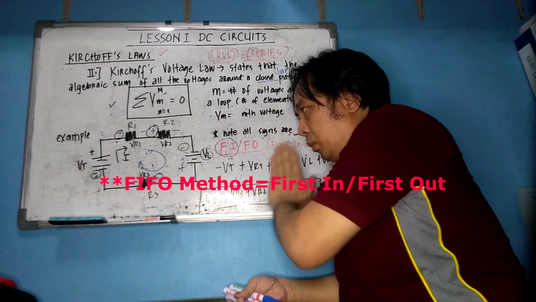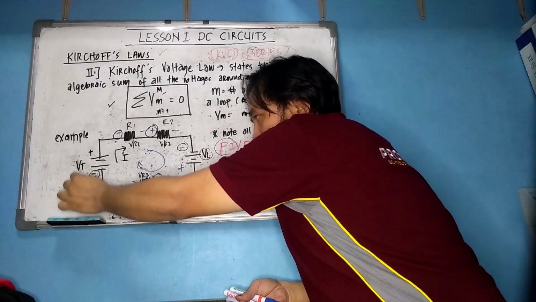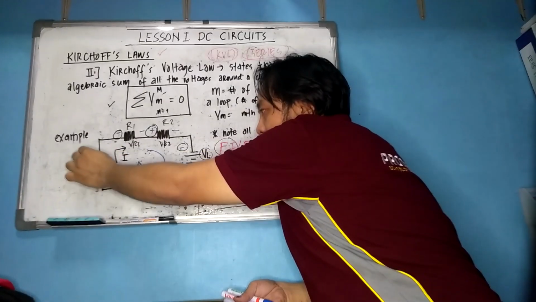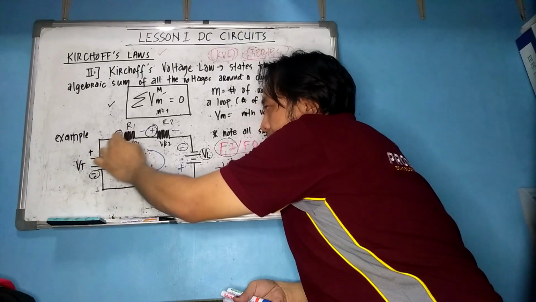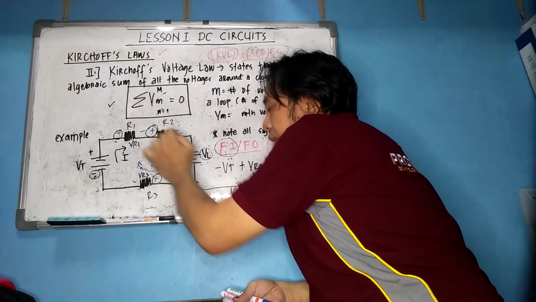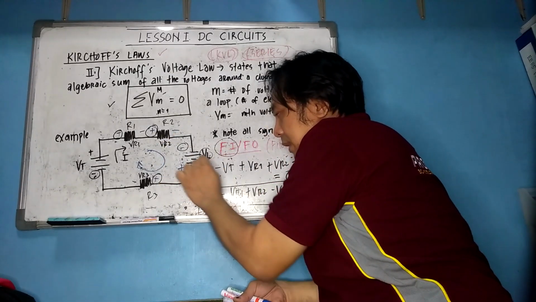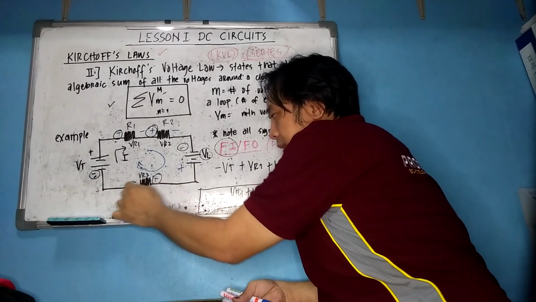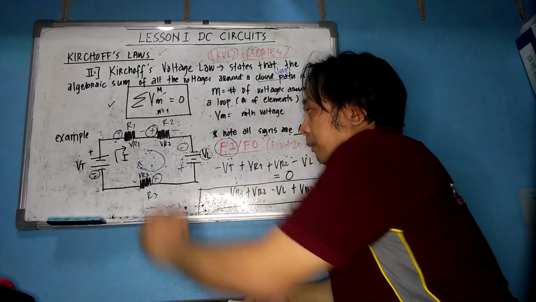Now, we need to dictate the polarity sign. So, the sign here, for this example, so that we can apply KVL, you have minus plus here for the source, plus minus for the resistances, because the shorter line minus the larger line is positive, and you have plus minus here for the resistance at the last element, which is a drop.